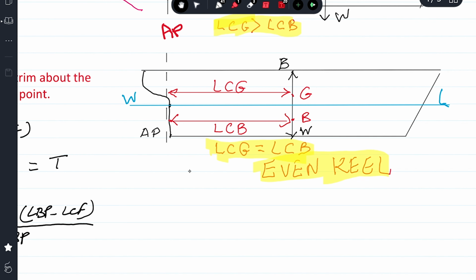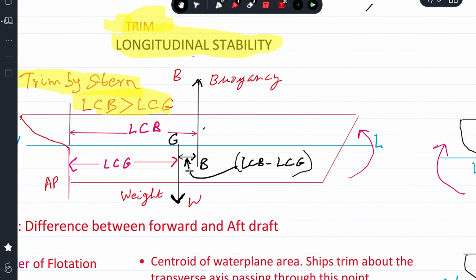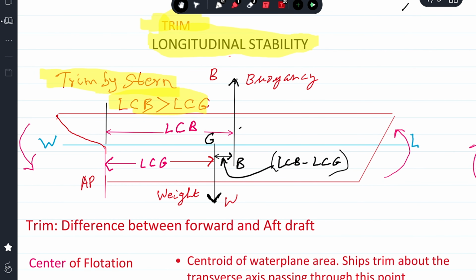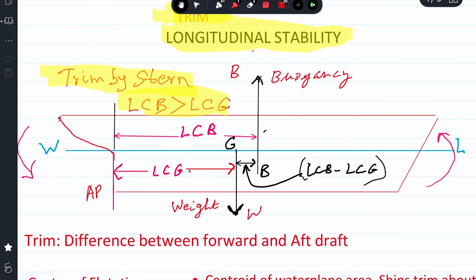Okay, now let's see these two figures. The first one. Now due to some weight loading, discharging or shifting, whatever can be the reason, the ship's center of gravity G has shifted aft.